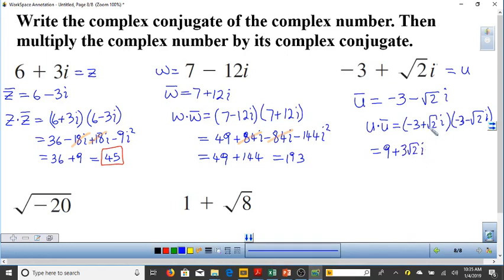And then positive square root 2i times negative 3 is negative 3 square root 2i. And then square root 2 times negative square root 2 is negative square root 2 squared i squared. And when you square a radical, it cancels. So we end up with 9, and then the i's cancel, and that leaves us with 9 plus 2 because i squared is negative 1. And then again, that gives us 11.